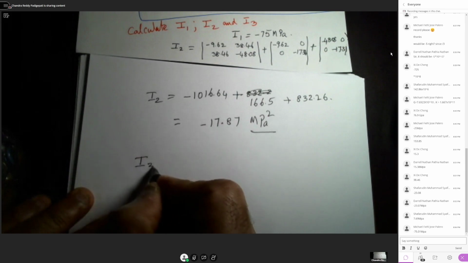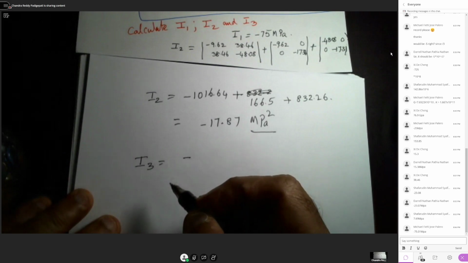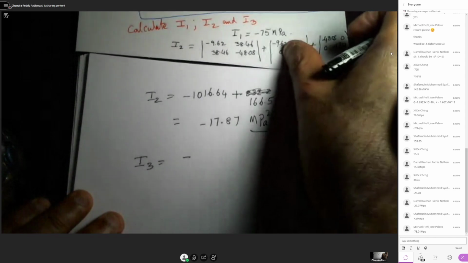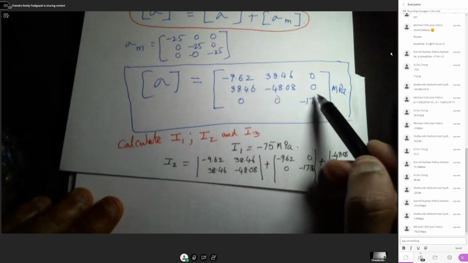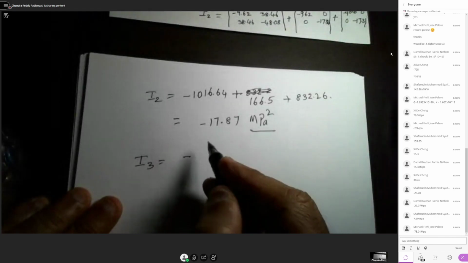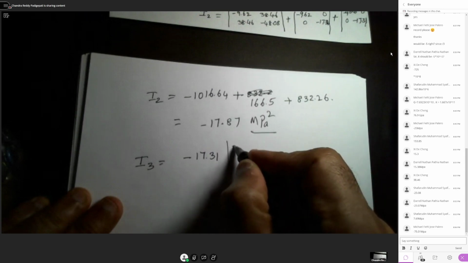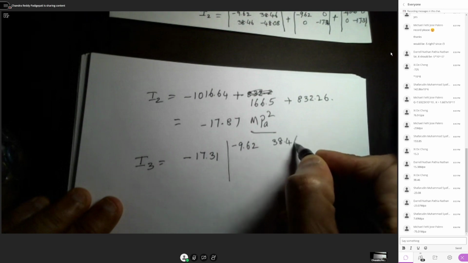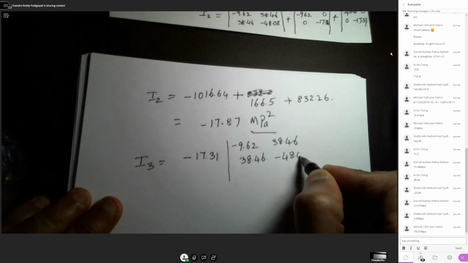So the third invariant you can calculate with reference to the bottom row, because in the bottom row I have two zeros, so I can take advantage of these two zeros. So I3, I can just write it as negative 17.31, then the 2 by 2 determinant negative 9.62, then 38.46, then 38.46, then negative 48.08.